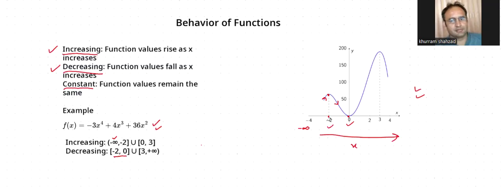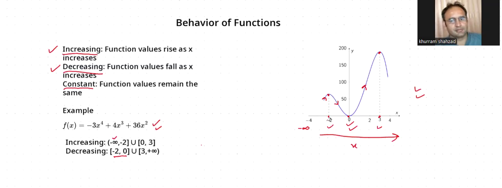Now if you see from 0 to 3, you can see that this graph is going up, and it will keep on going up to the point 3. So we can say that this function is increasing from 0 to 3.